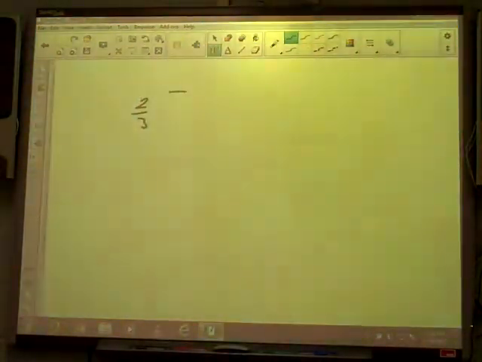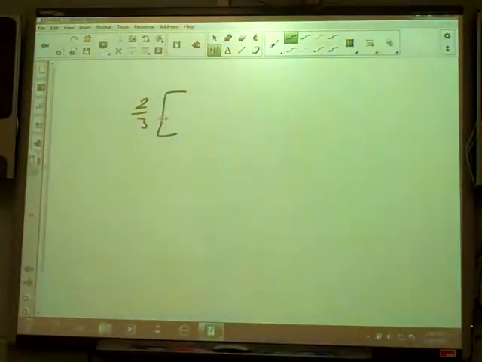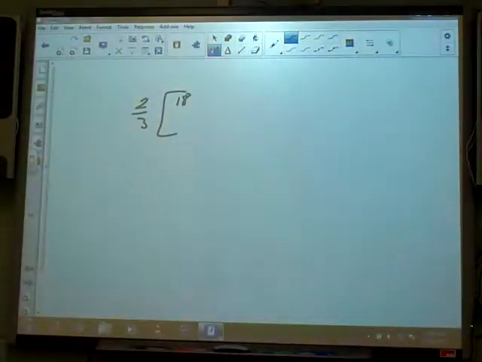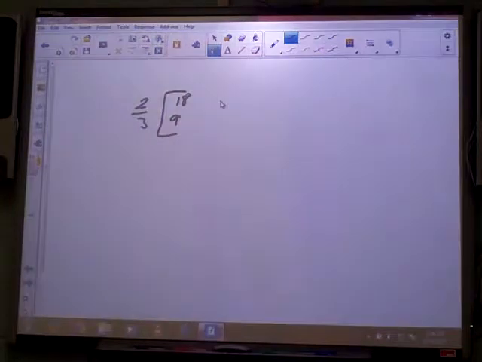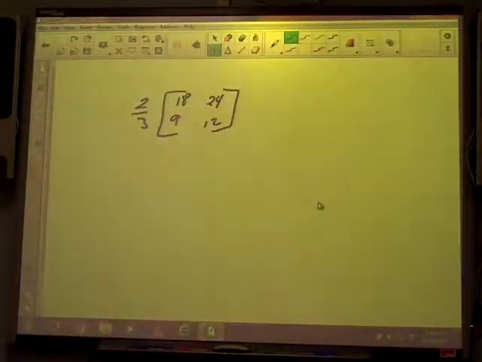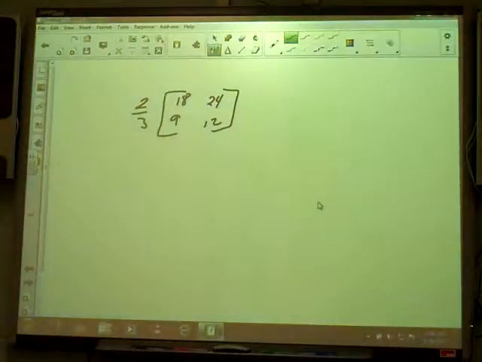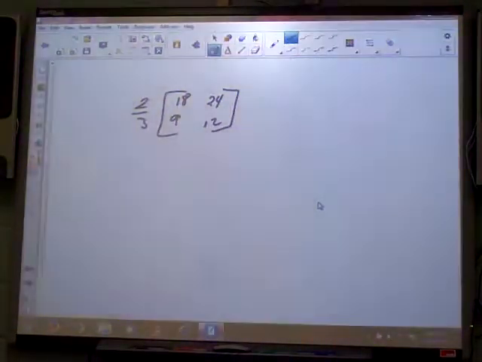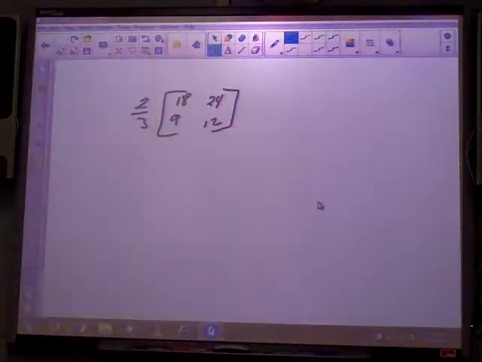Alright. This next thing we got here is a form of multiplication. I got 2/3, and then 18/9 in column 1, and 24/12 in column 2. So we got 2/3 stuck right outside that matrix. Just like normal math, what does it mean when you got a number stuck right outside something? Multiply. Good. You're going to distribute it to everything inside. That's exactly right.